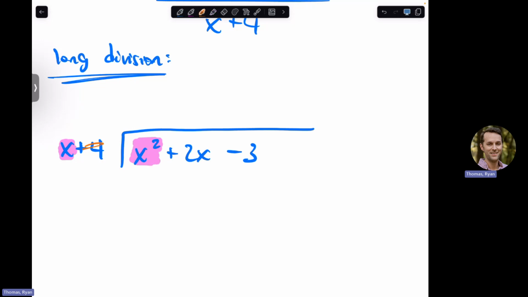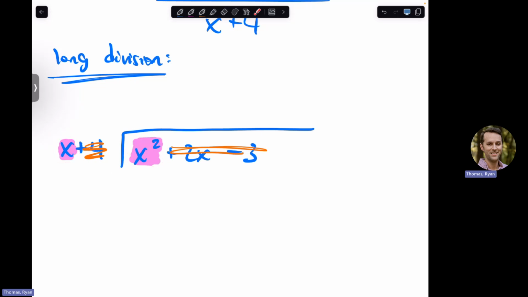So for starters, I just ignore all this other stuff, and I'll let those details work themselves out as we go. But I start with asking, how many whole times would x go into x squared? So what do you need to multiply this by to match this? X, right?